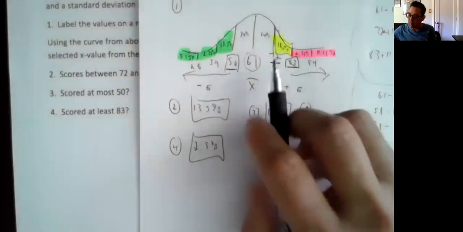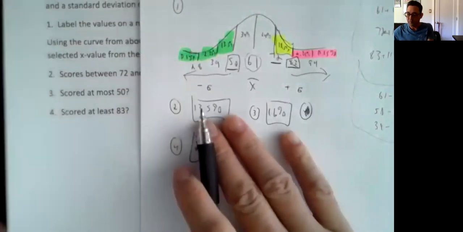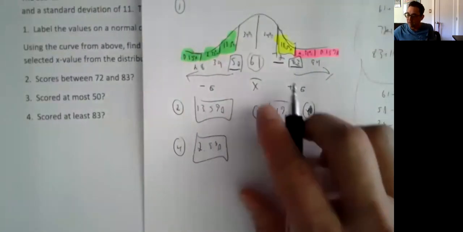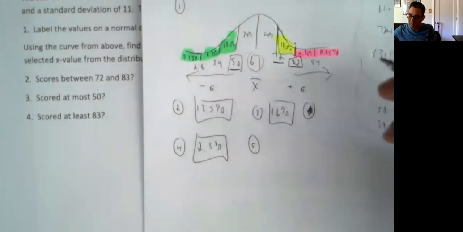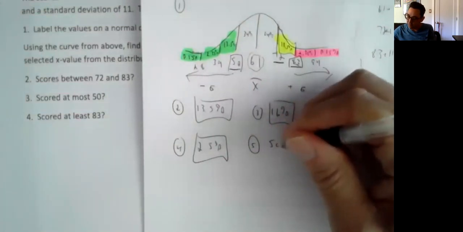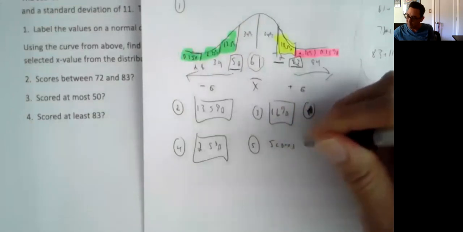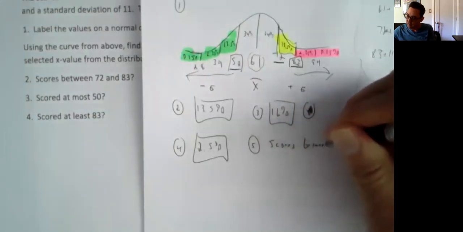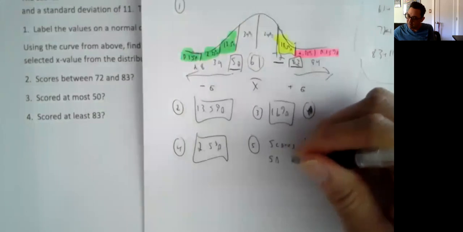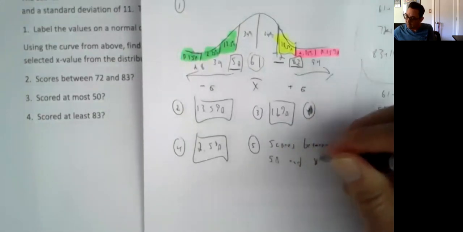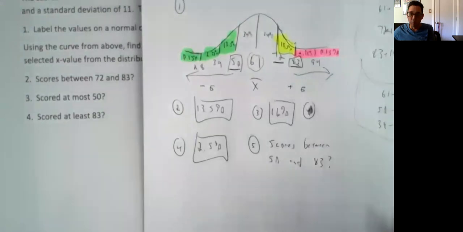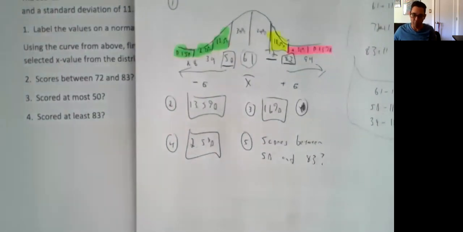Now, by the way, for number 2, where the scores are between 72 and 83, the scores could have been anything. Let's do a fifth bonus problem. Let's pretend that we're looking for what percent of the class had scores between 50 and 83.